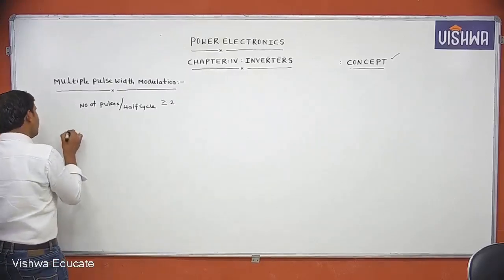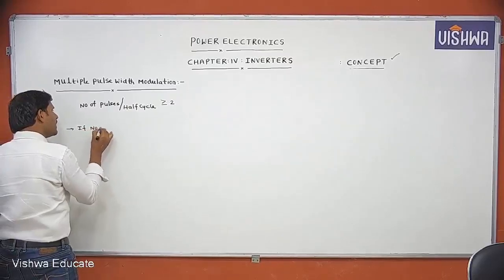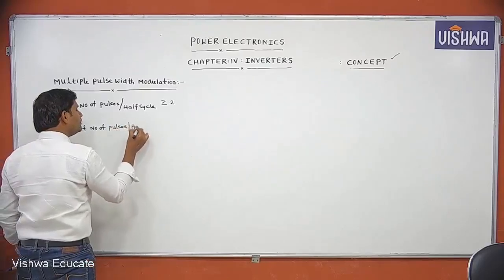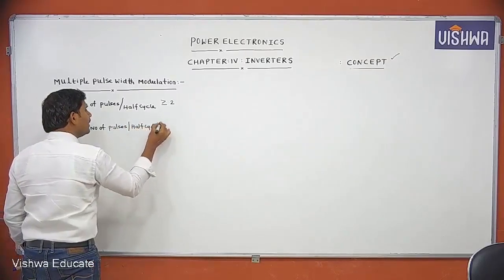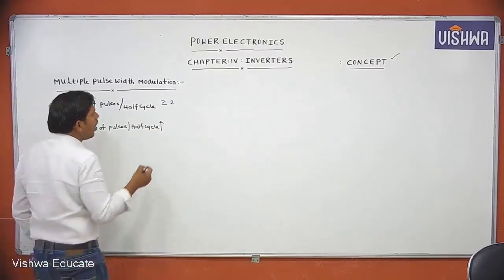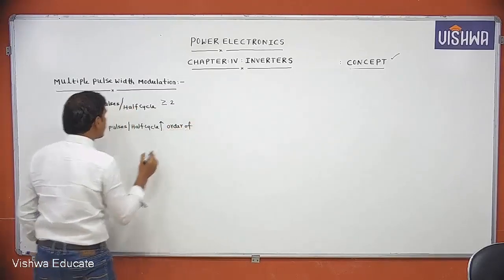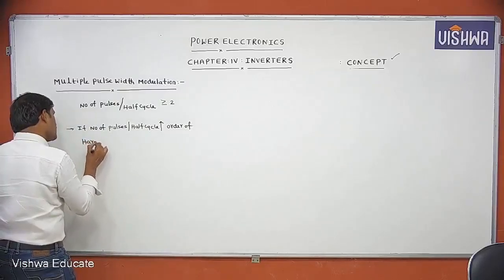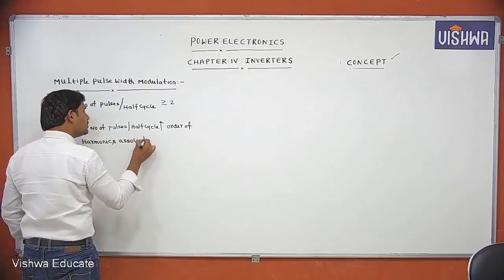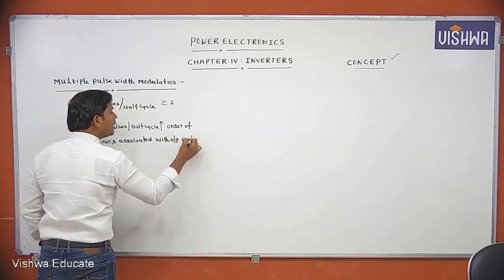That is, if the number of pulses per half cycle increases, the order of harmonics associated with output is increased.